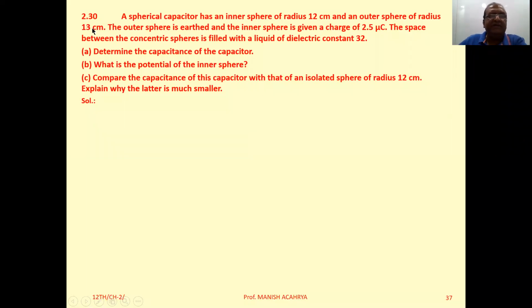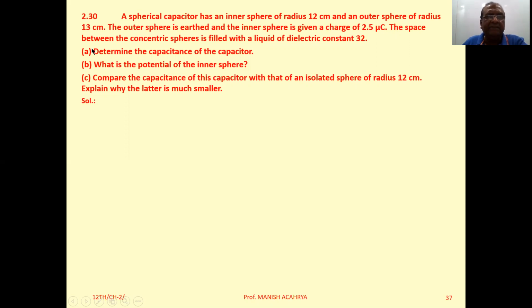Example 2.30. A spherical capacitor has an inner sphere of radius 12 centimeter and an outer sphere of radius 13 centimeter. The outer sphere is earthed and the inner sphere is given a charge of 2.5 microcoulomb. The space between the concentric spheres is filled with a liquid of dielectric constant 32.